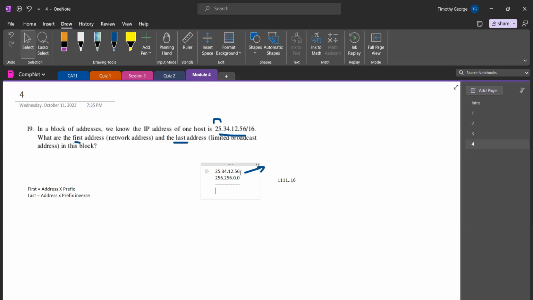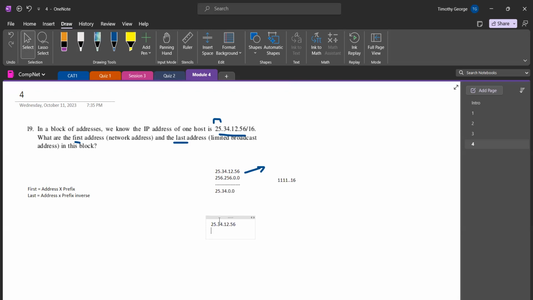And then when you multiply this in binary, you can try it. You're going to get 25, 34, and then 0, 0. And for last prefix, you have to take the inverse. So in inverse, what are you going to do? You have 25, 34, 12, 56.